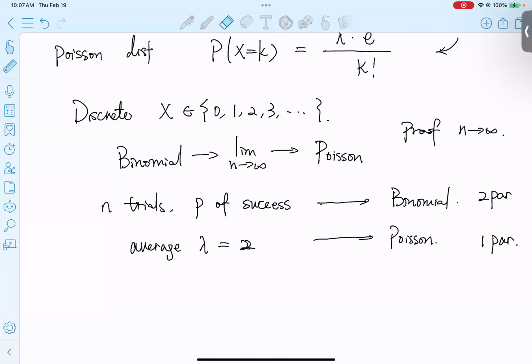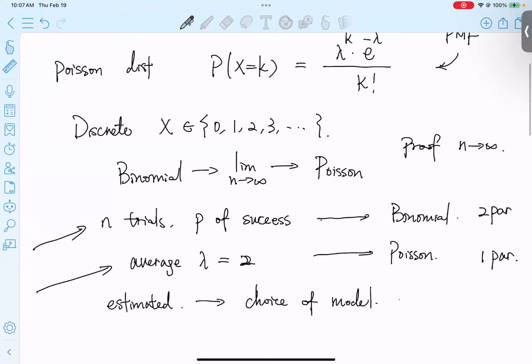If you really want a way to choose which one to use for the homework, it depends on what information is given to you. But in practice, what people do is collect data, and then you have to estimate the parameters. The estimation is again based on your choice of the model, whether you choose binomial or Poisson as your model.